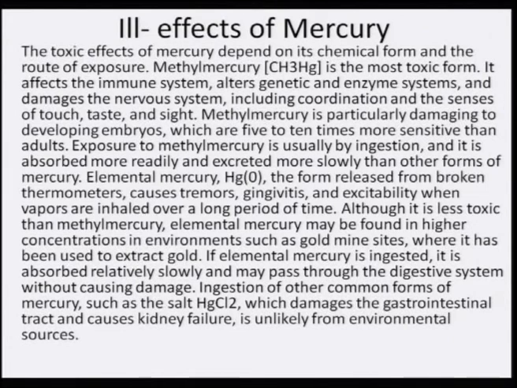Although it is less toxic than methyl mercury, elemental mercury may be found in higher concentrations in environments such as gold mine sites, where it has been used to extract gold. If elemental mercury is ingested, it is absorbed relatively slowly and may pass through the digestive system without causing much damage. Ingestion of other common forms of mercury, such as salts like mercury chloride, which damages the gastrointestinal tract and causes kidney failure, is likely from environmental sources.